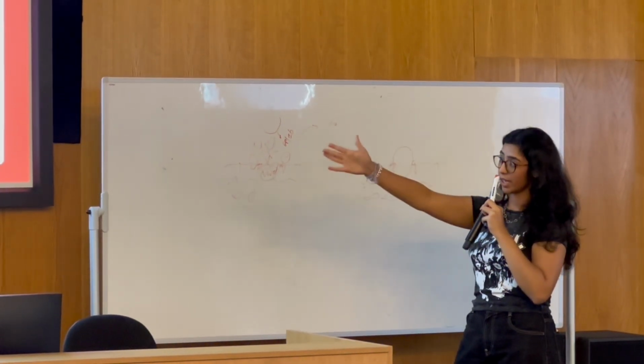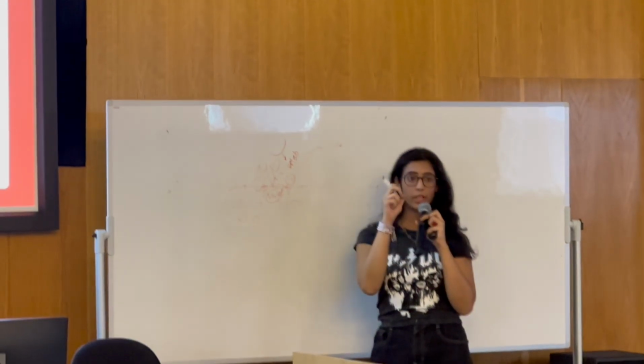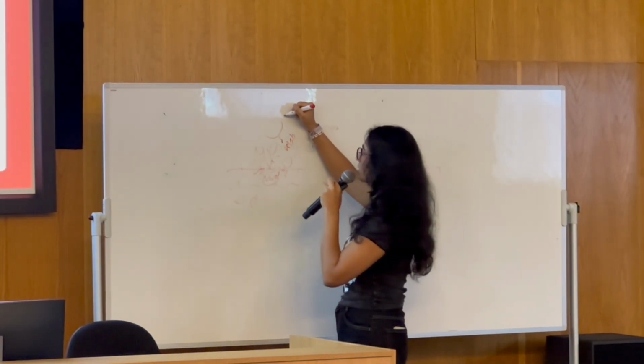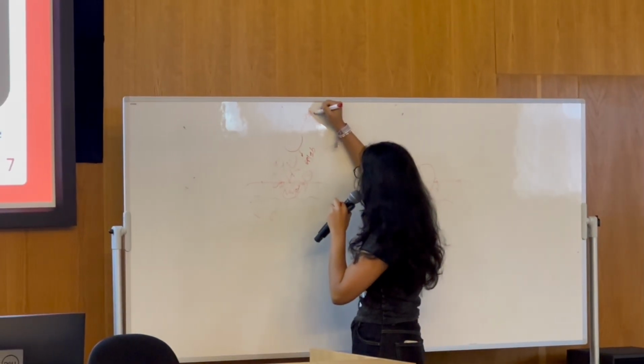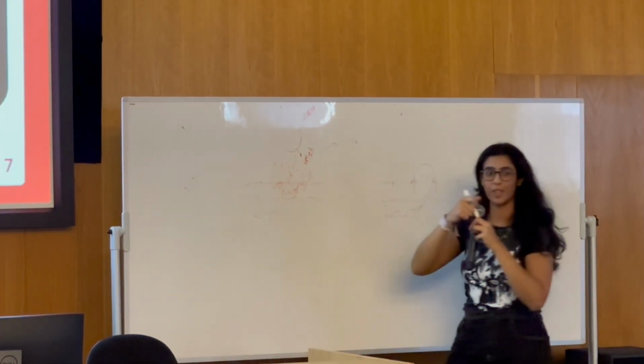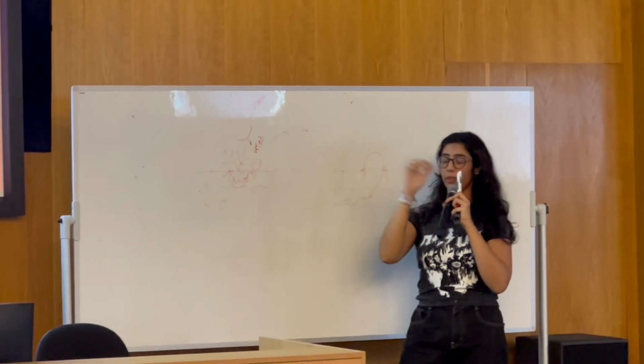Then aggregation is basically, now your GP1B has come and made the platelet plug. There's also another receptor on the platelet, which is called the GP2B3A. It's a bit hard to remember, but GP2B3A holds the fibrinogen in between it.